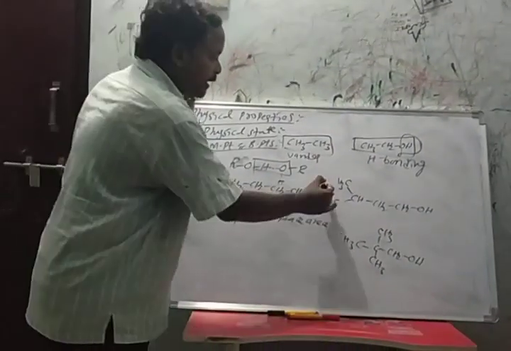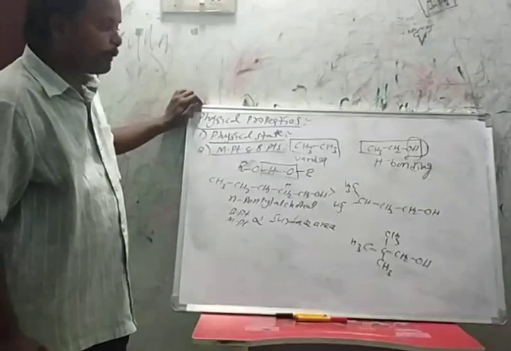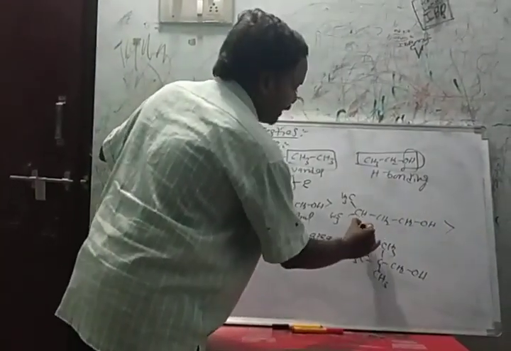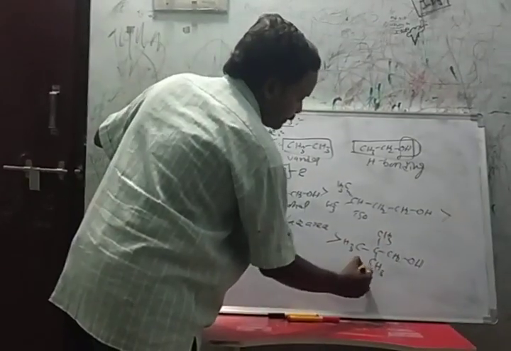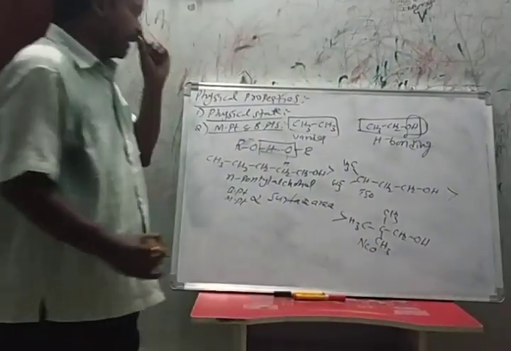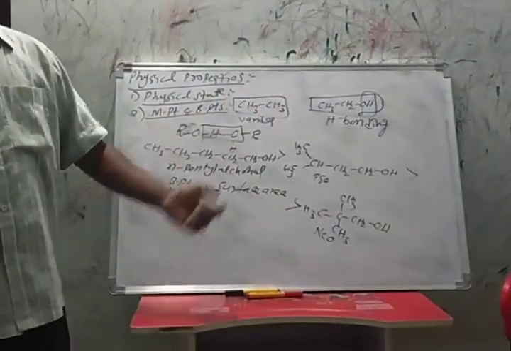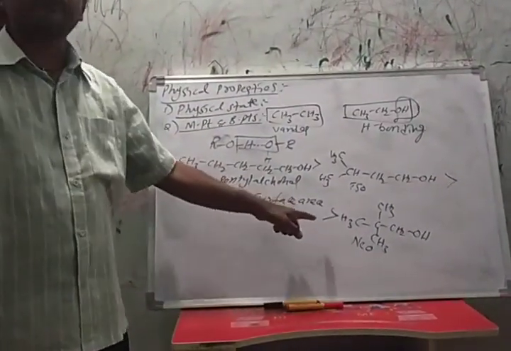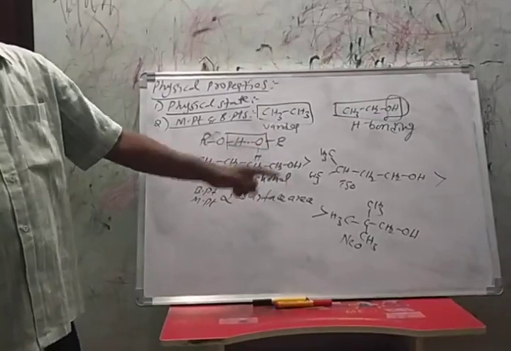So normal pentyl alcohol has a higher boiling point than neopentyl alcohol. This is the iso, this is the neo. It is applicable for all compounds: boiling points and melting points are directly proportional to the surface area.